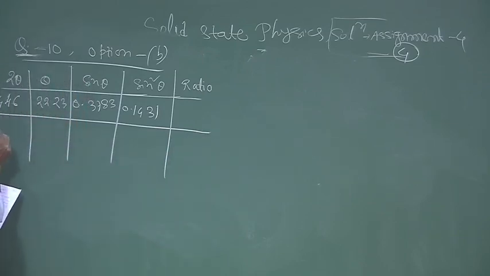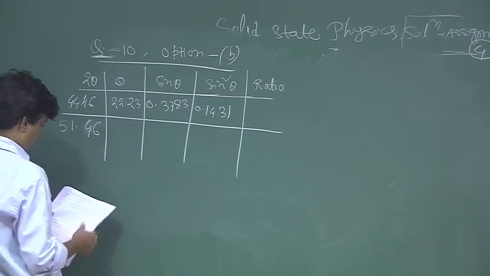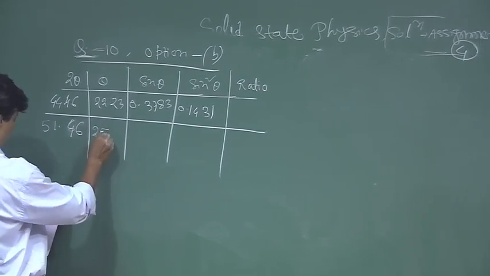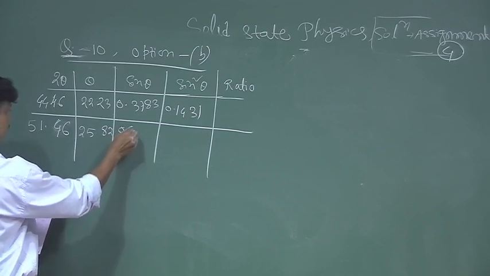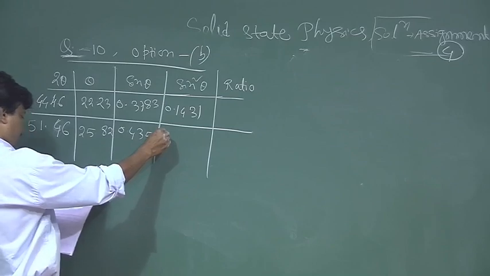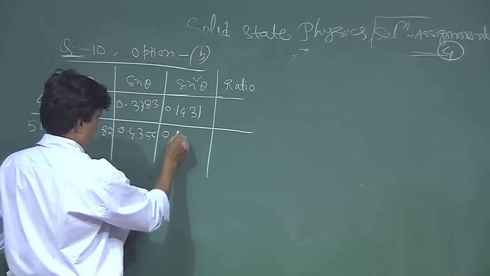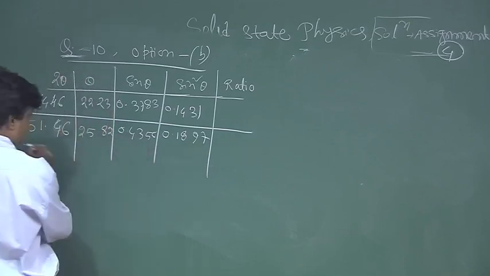Next one is 51.46, half 25.82, sin theta 0.4355, sin square theta 0.1897.